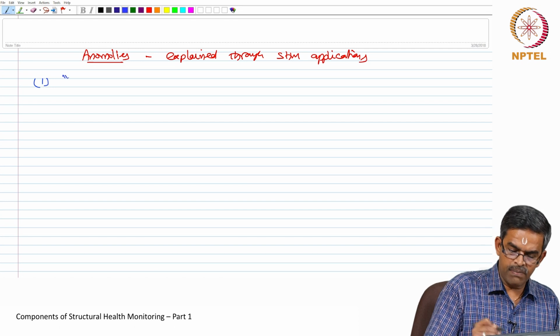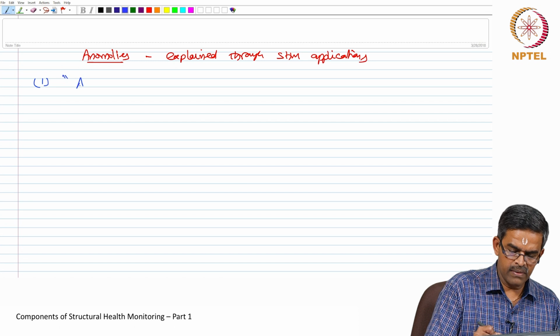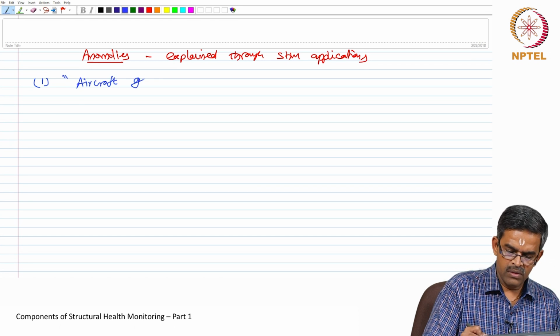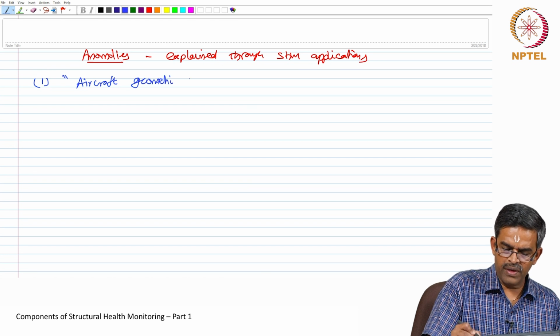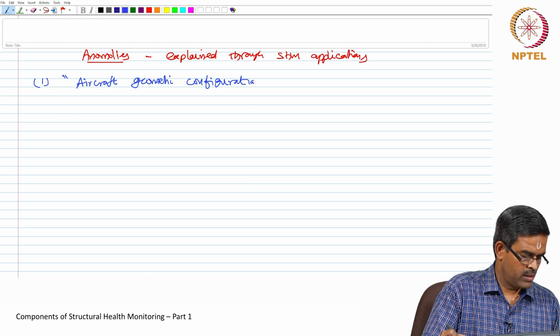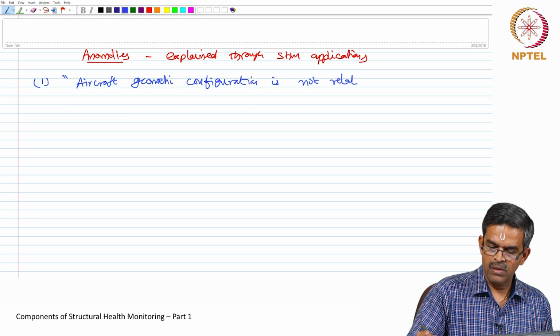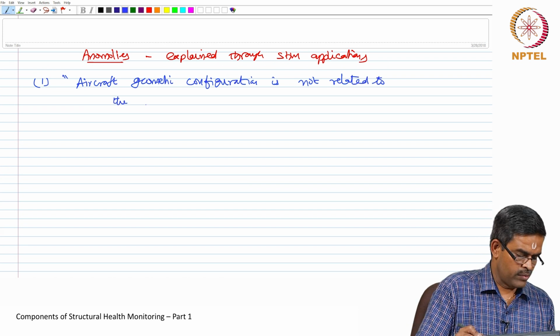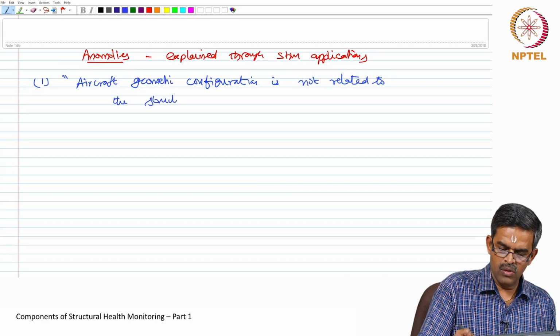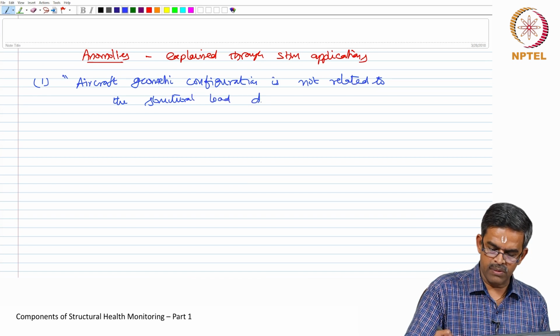One, there is a statement which is believed in aircraft design stating that aircraft geometric configuration is not related to the structural load disbursement.